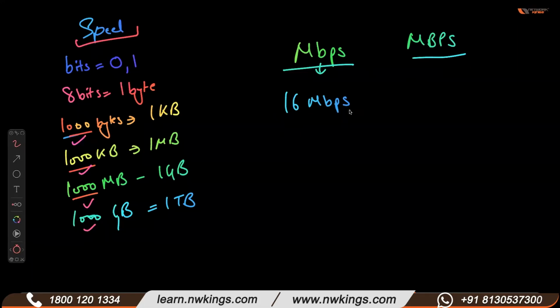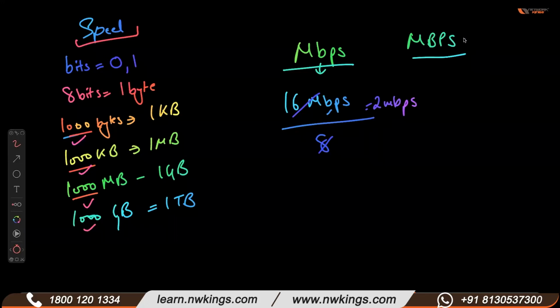If you took a 16 Mbps internet connection, what will your download speed be? Because this is in bits per second, we have to divide by 8, and that will be the download speed.